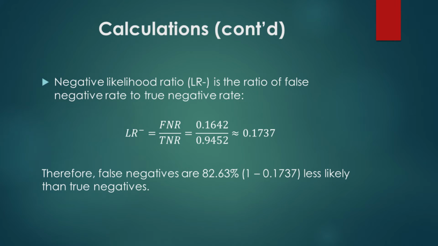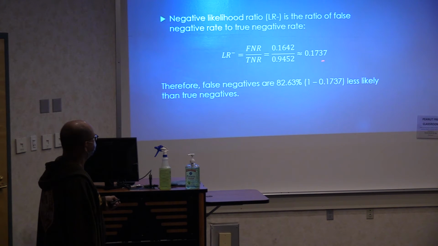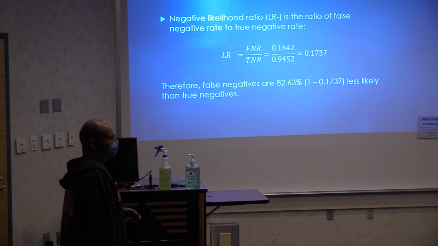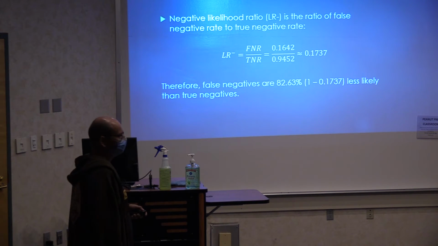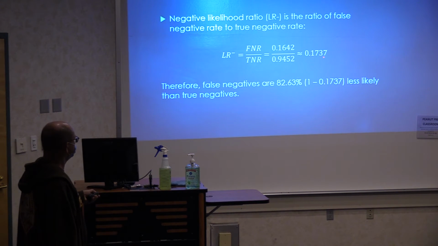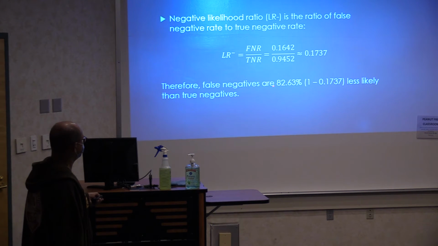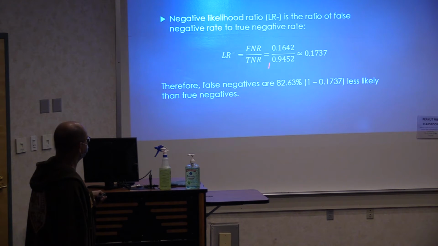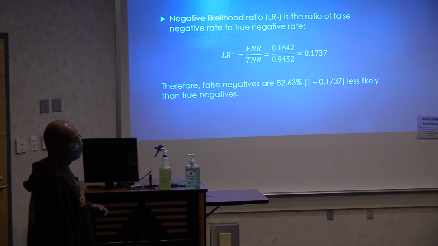Negative likelihood ratio, very similarly, is going to be the ratio of the false negative rate to the true negative rate. We would like this number to also be pretty small. In our case, it turned out to be 0.1737. So false negatives, because they're in the numerator, are 82.63% less likely than true negatives.